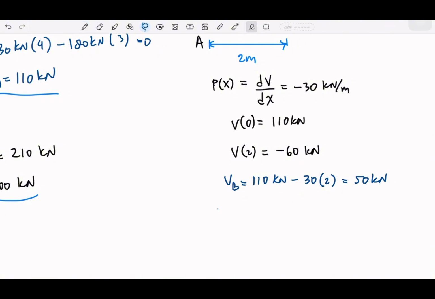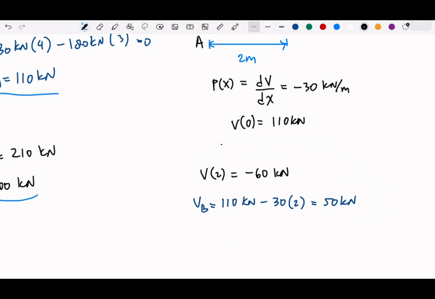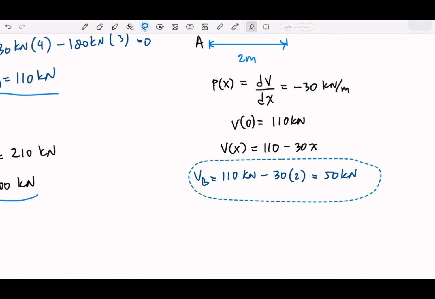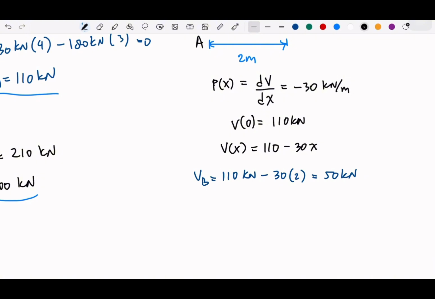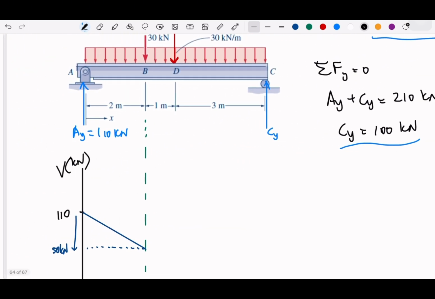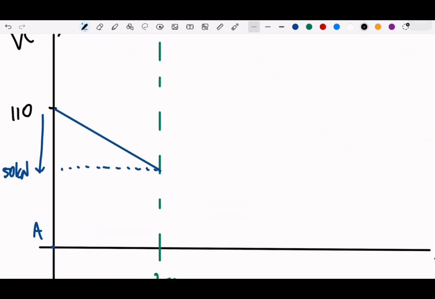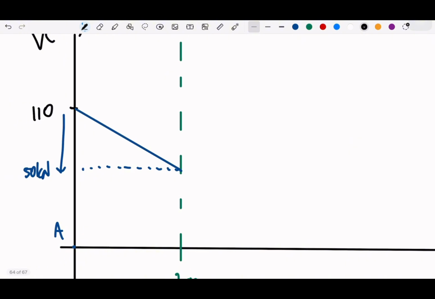So our equation for Vx is 110 minus 30x. Maybe just write this whole formula. This is much better. So VB at B at 2 meters is 50 kilonewton. So it's reduced by 60.